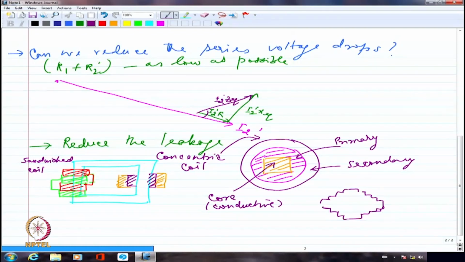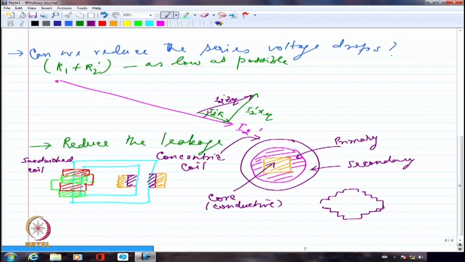So the core and the coil are separated only by the insulation. If the voltage gradient, dV by dx, where x is the thickness of the insulation in centimeters, exceeds the insulation strength, then the insulation will be punctured.